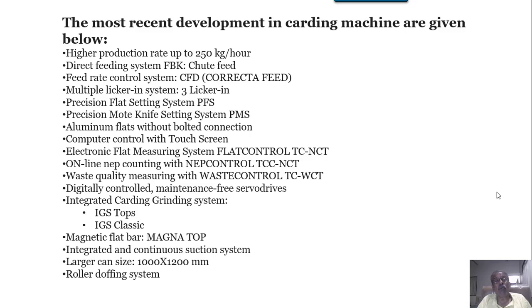Production rate has gone above 250 kilograms per hour now.